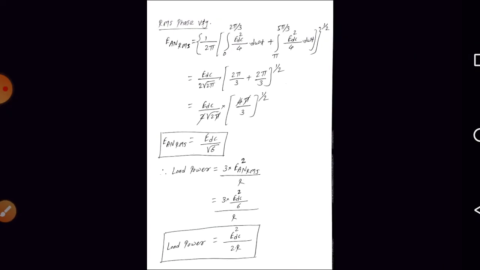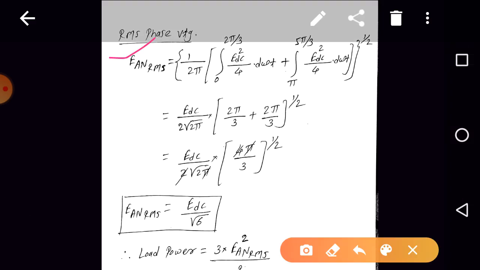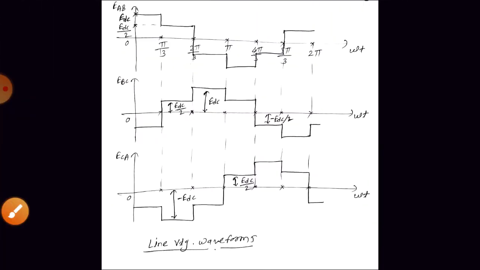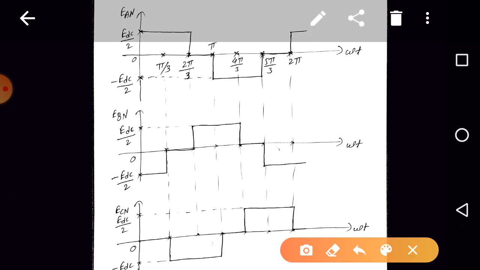Next, let us derive the expression for RMS value of the phase voltage, right? So EAN RMS. If you check the waveform of EAN, whatever the waveform we are having from 0 to 2 pi, same will be repeating from 2 pi to 4 pi, right? Because after 2 pi we are having the 6th interval complete, 360 degree.